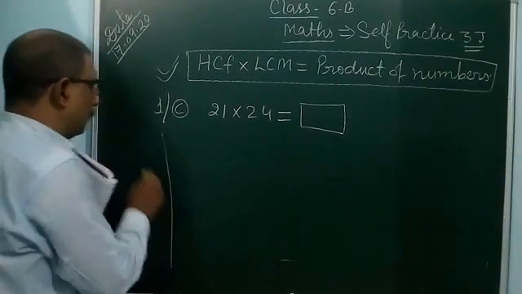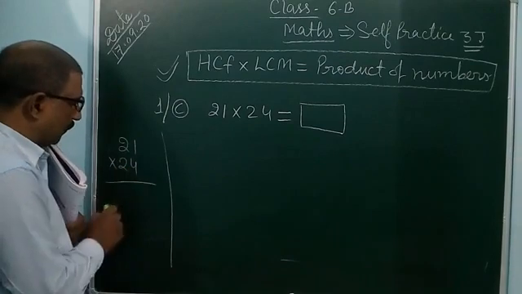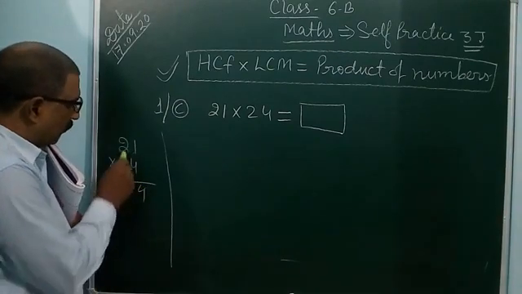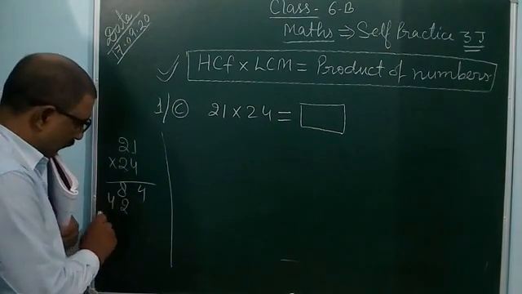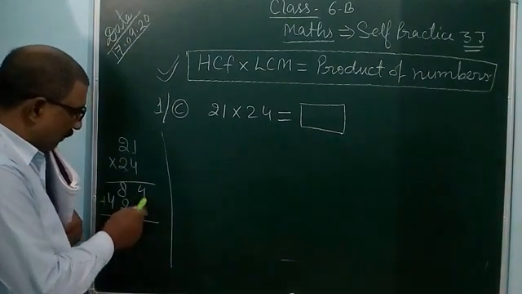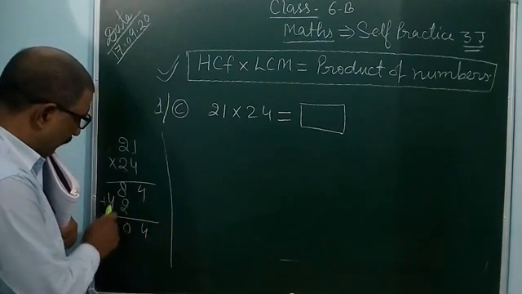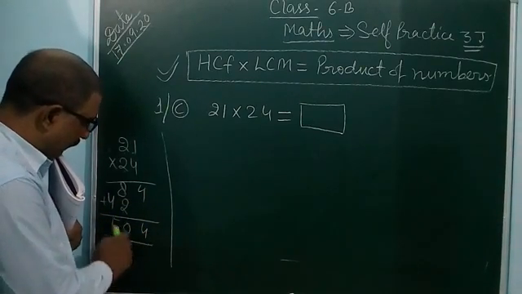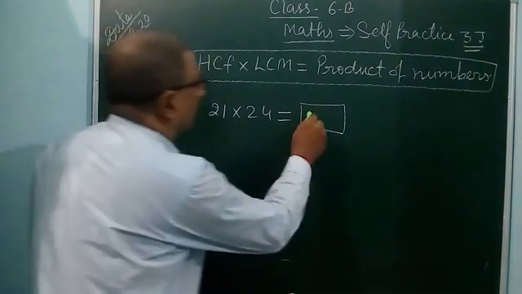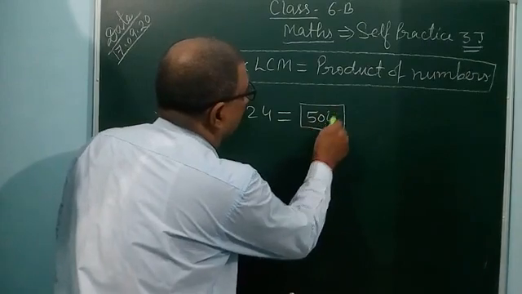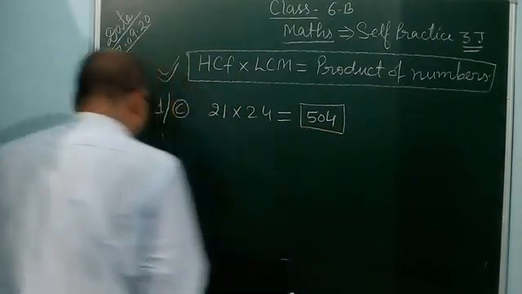You can take rough work. 21 multiplied by 24. 4 ones are 4, 4 twos are 8, 2 ones are 2, 2 twos are 4. Adding, 4, 8 plus 2 is 10, 0 and 1 carry, 4 plus 1 is 5. 504. You have 504 here. So you can fill this in: 504.